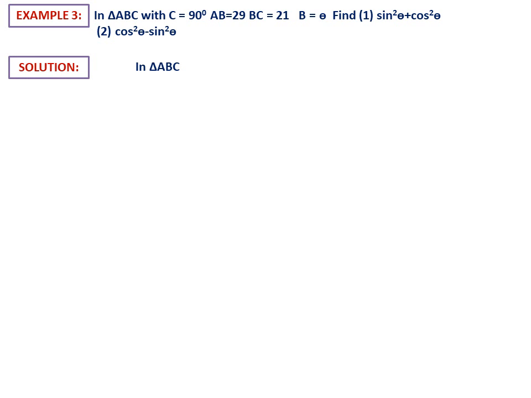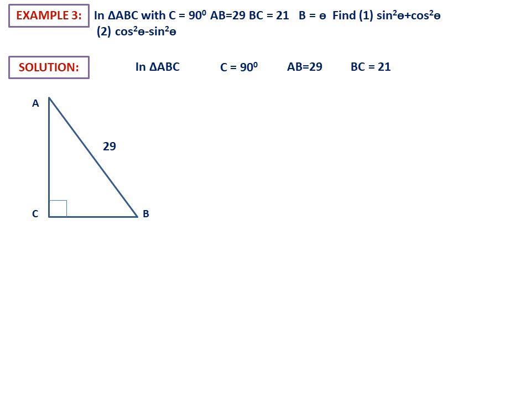What is given is, in triangle ABC, C is 90. Second one is AB equal to 29. So AB is actually the hypotenuse, that is equal to 29. And one more is BC is 21, as shown in the diagram.